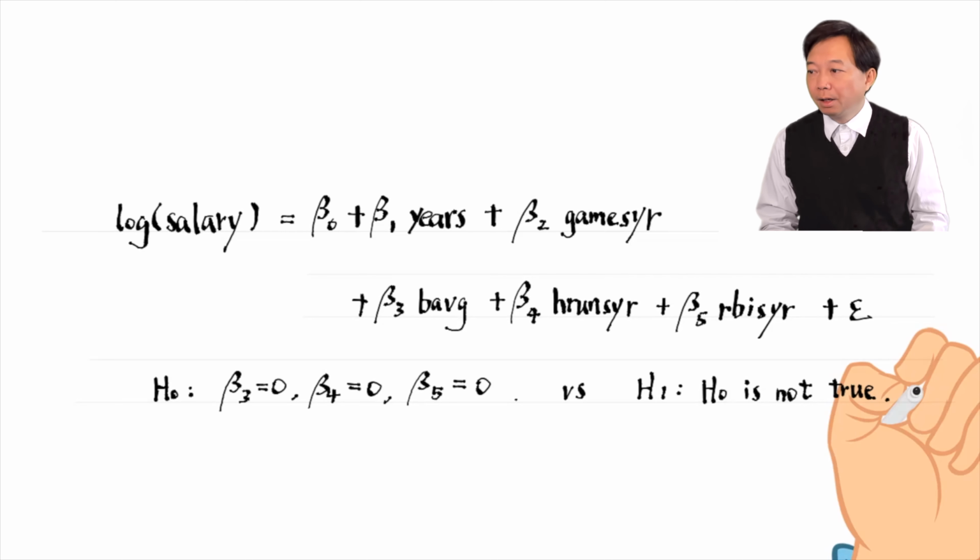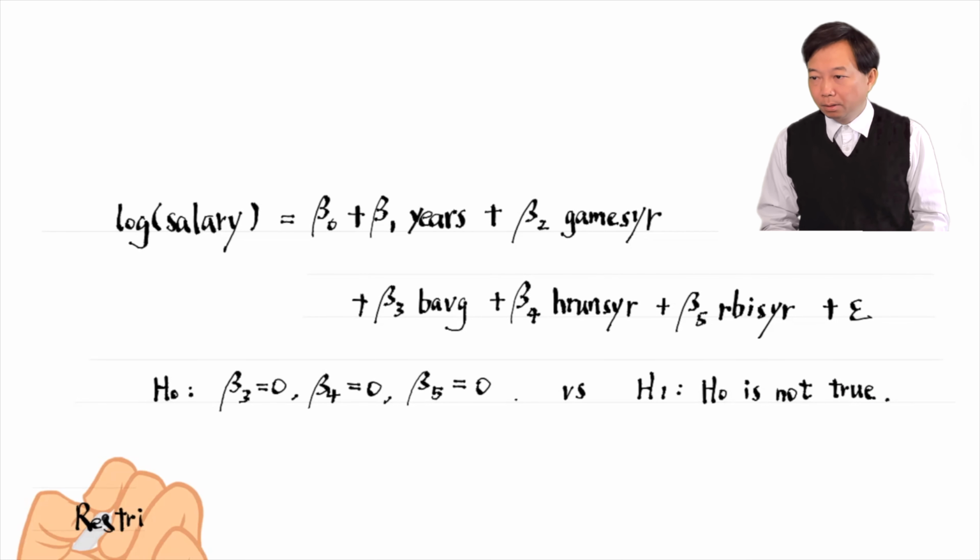That is to say, beta 3 equals beta 4 equals beta 5 equals 0 in the model. They are multiple exclusion restrictions. We have applied the f-test before. Now we employ the LM test.